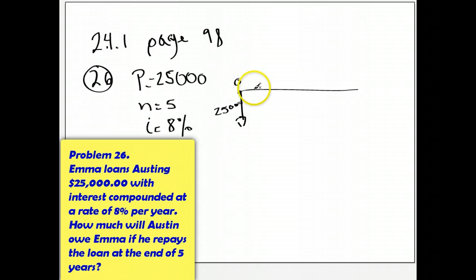That's at time equals 1, and then after 5 periods, this is the line of time. On the 5th period, she would get back a future value which we don't know.